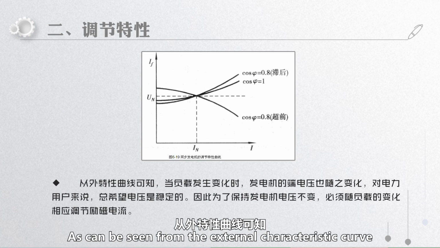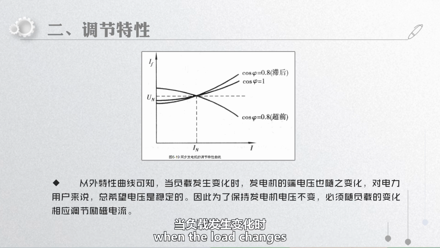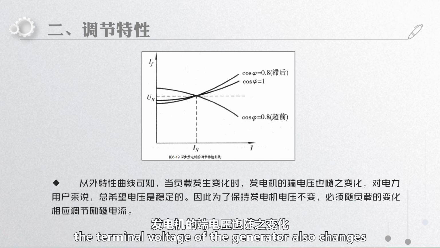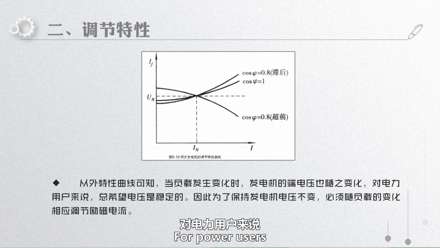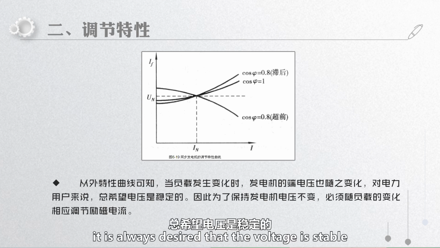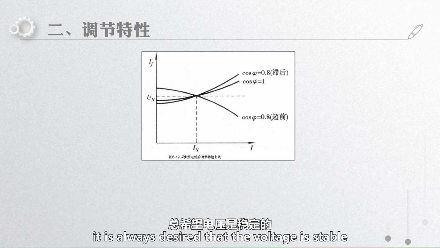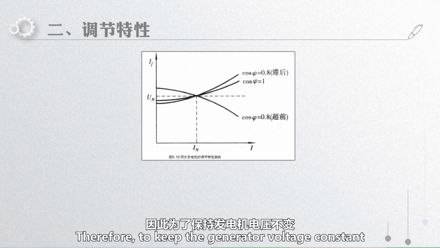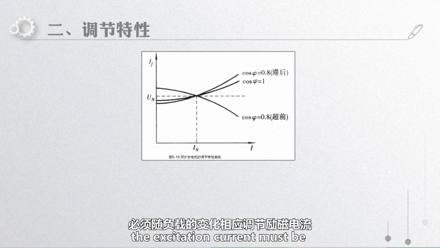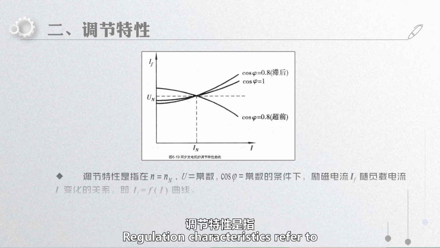As can be seen from the external characteristic curve, when the load changes, the terminal voltage of the generator also changes. For power users, it's always desired that the voltage is stable. Therefore, to keep the generator voltage constant, the excitation current must be adjusted accordingly with the load changes.